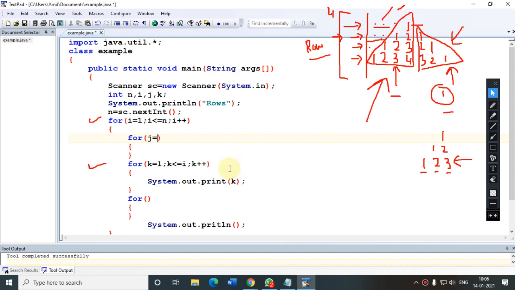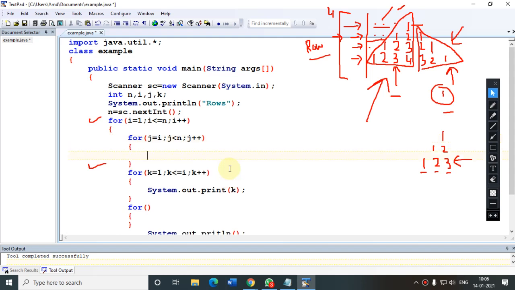You can use the reverse loop or the general loop like j equals i and j is less than n. This also is correct. And what are we supposed to print this time? The blank. I hope till here I am clear for everybody.